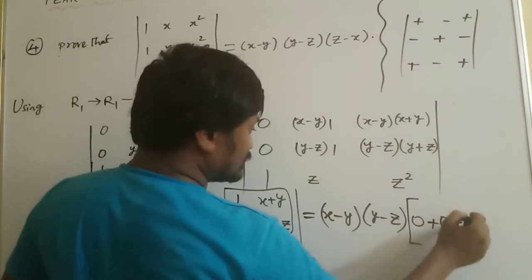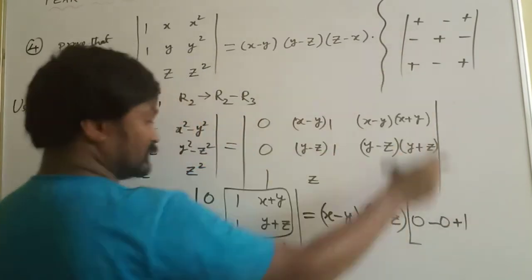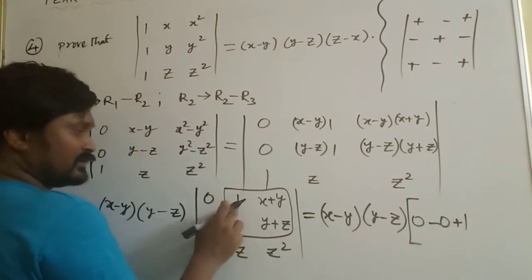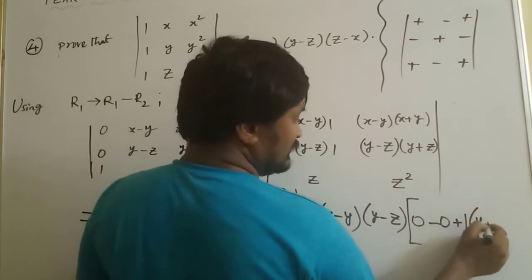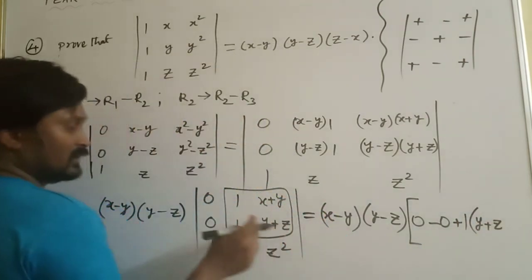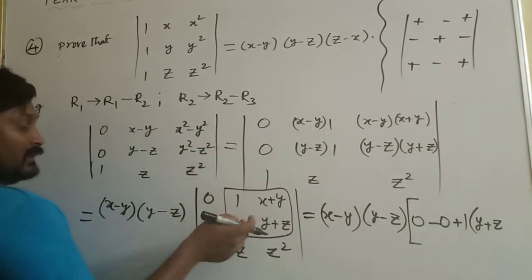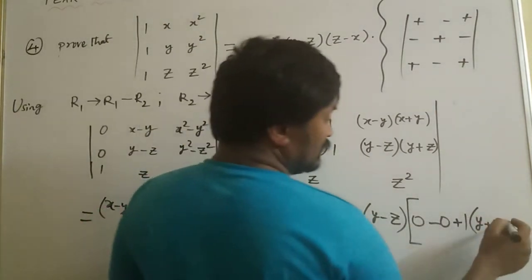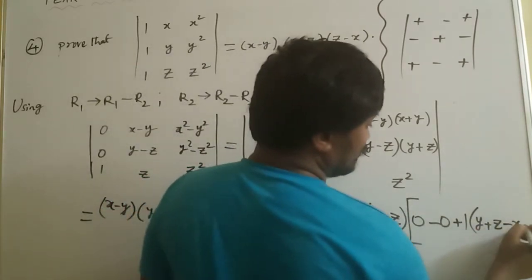Plus. So that is plus 1, and here the symbol will be minus. Okay. 1 into y plus z, you can write y plus z. Next 1 into x plus y, but minus symbol according to the formula, then minus x minus y.